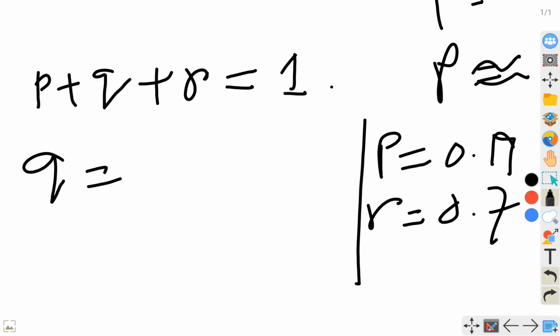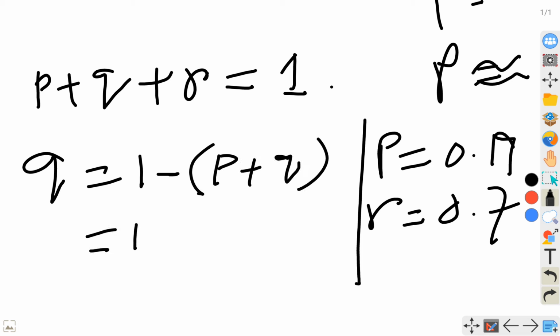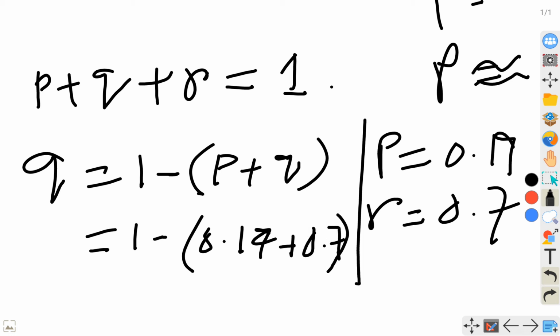We may also use one step, that Q is equal to 1 minus P plus R, which is 1 minus 0.19 plus 0.7, is equal to 0.11.